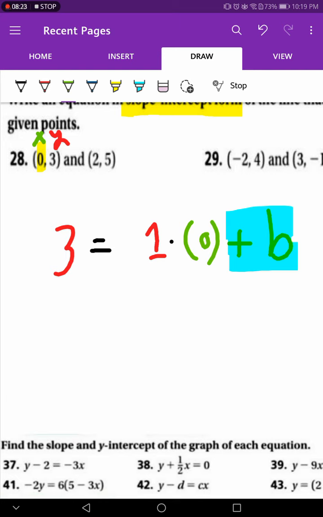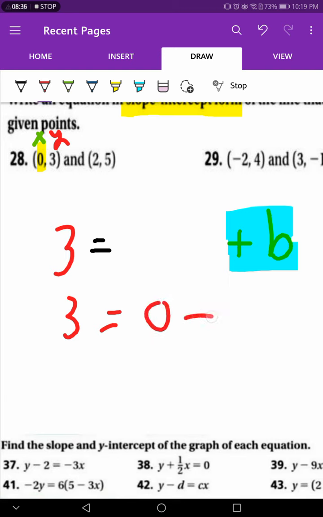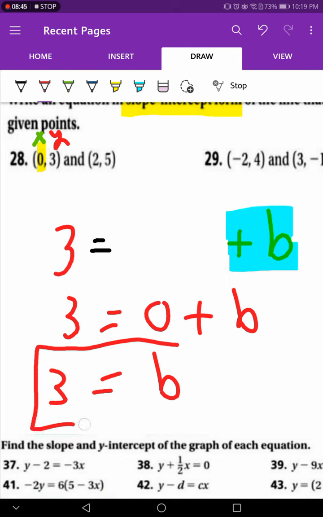Now it will be like this: 3 equals 1 multiplied by 0, which is 0, plus b. 0 plus b is actually b. So b equals 3. So I found b now.